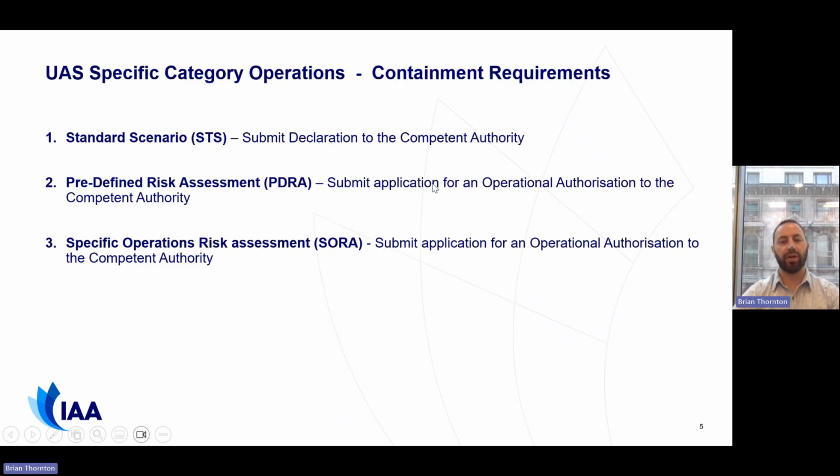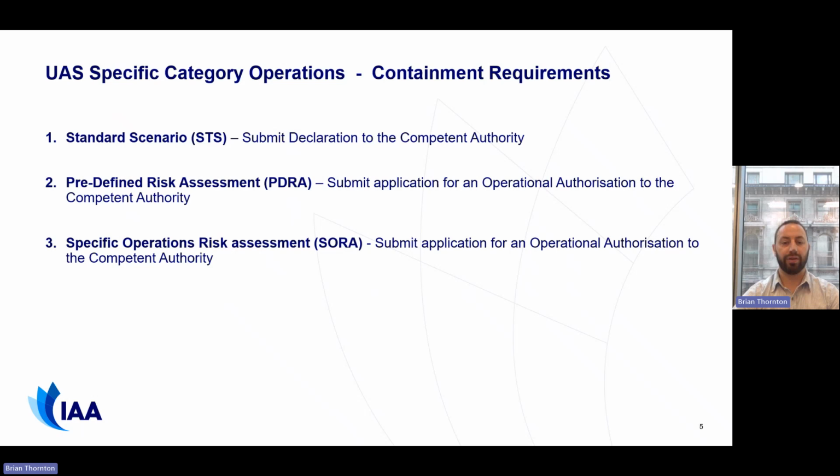So, UAS specific category operations containment requirements. In the UAS specific category, there are a variety of approvals that applicants can seek from the competent authority. The first one is standard scenario. You submit a declaration to the competent authority and they review the declaration.